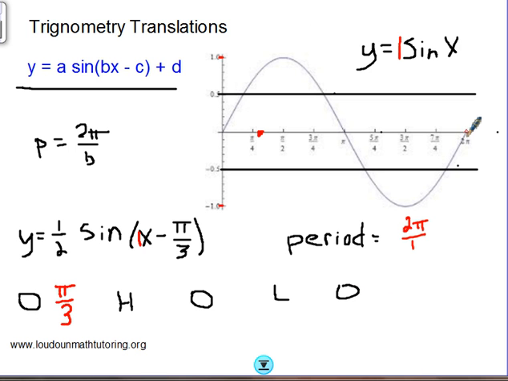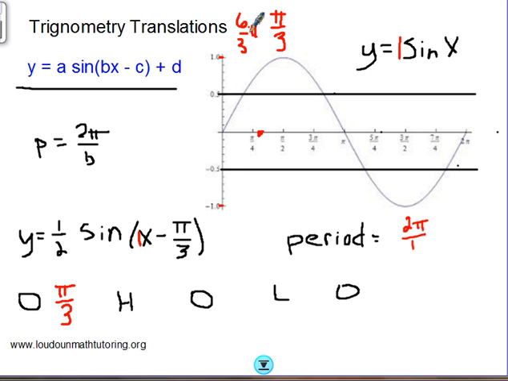Well, we know our regular sine function ends at 2 pi. So we're adding pi over 3 to 2 pi. Let's do a little fraction math. Well, 2 pi is the same as 6 pi over 3.